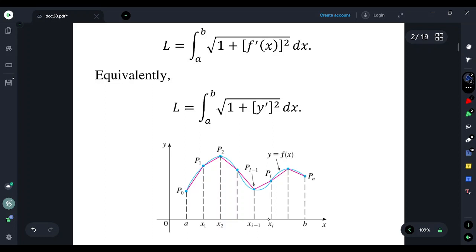So the idea goes back to the concept at the beginning of integral.